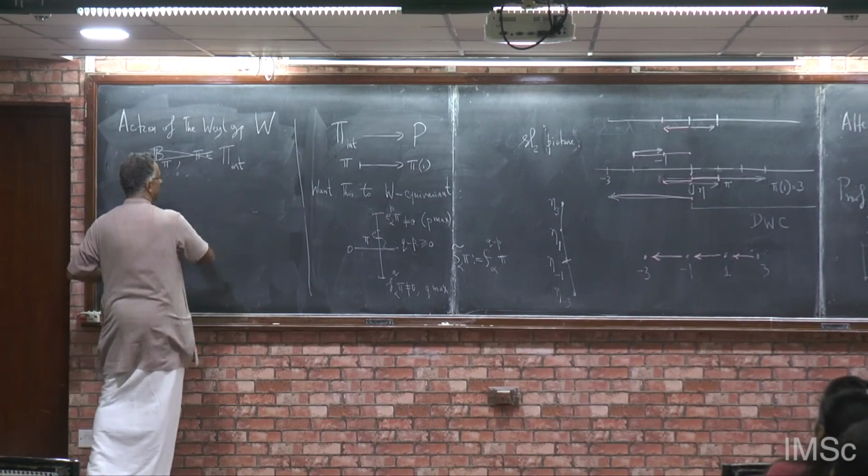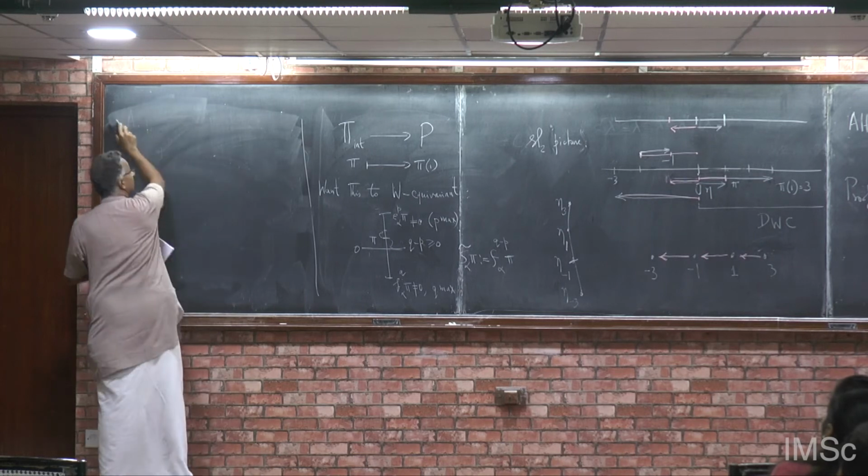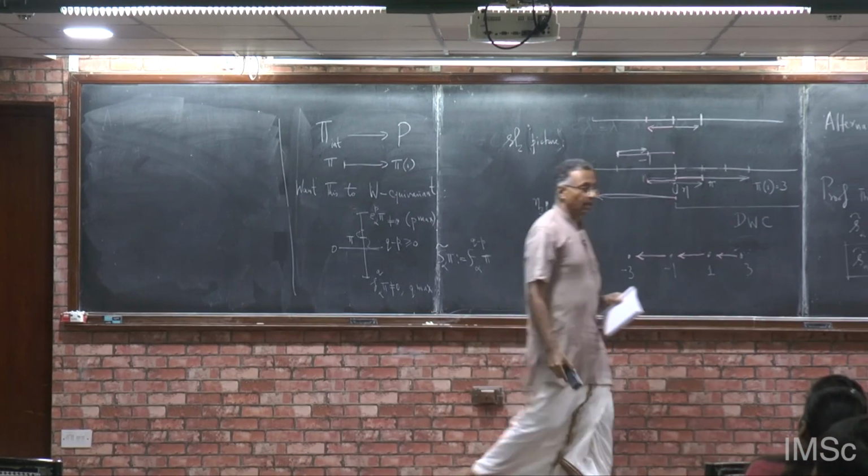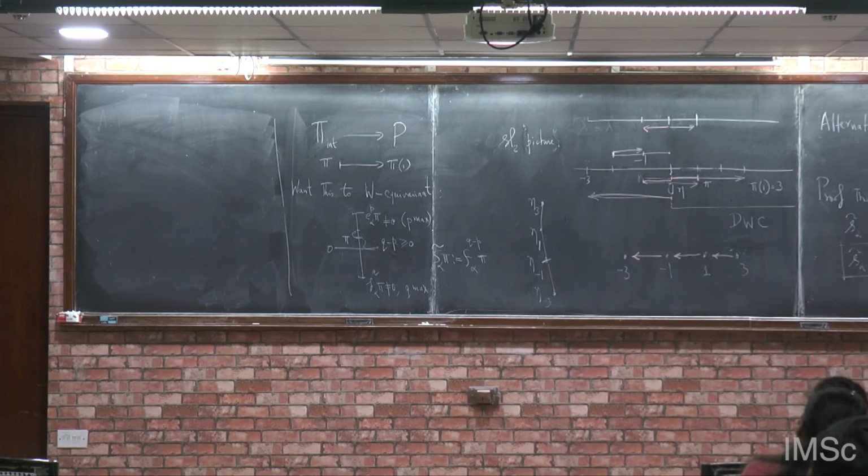As preparation towards that, remember what we are proving. We are trying to prove that it satisfies the braid relations. What does a braid relation mean? Given two simple roots alpha and beta, S alpha times S beta either commutes, or its third power is 1, or its fourth power is 1, or its sixth power is 1, or there is no relation.